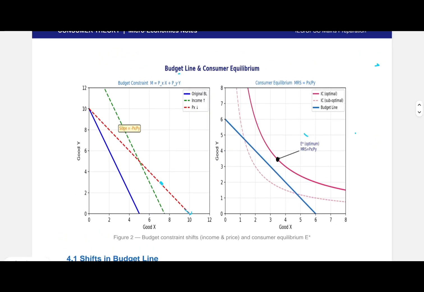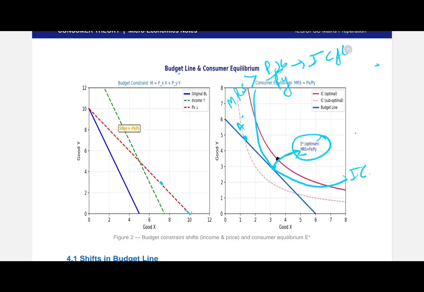I think in this diagram, as drawn, this is not the optimum point. It should be like this: this IC curve, and here it is the optimum because the marginal rate of substitution is equal to the slope of the budget line, as we have already explained. If it is point A here, then the marginal rate of substitution is greater than the budget line and the IC becomes flatter.